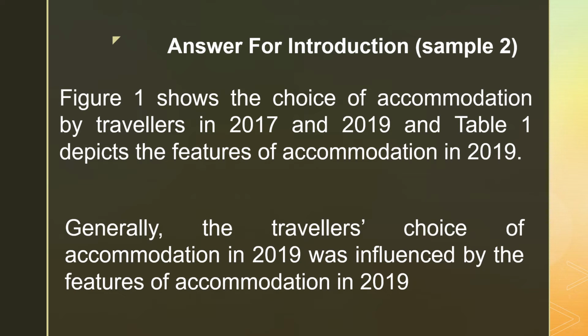Generally, the traveler's choice of accommodation in 2019 was influenced by the features of accommodation in 2019. So this is showing this cause and effect. Right? It's very important to have this. It is in passive form. The previous one, it was in active form.